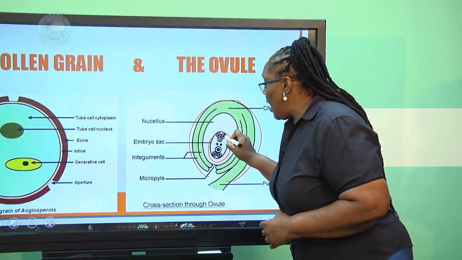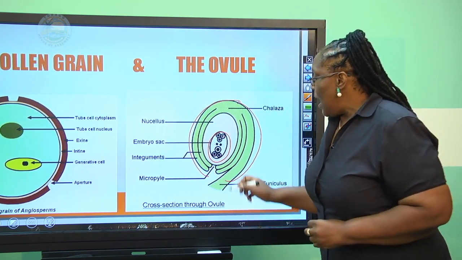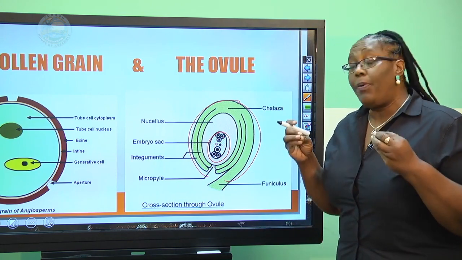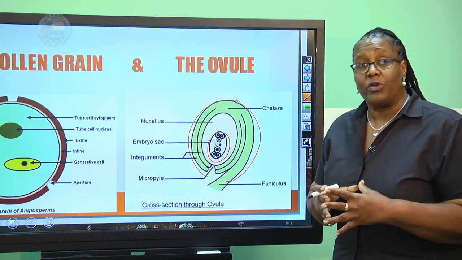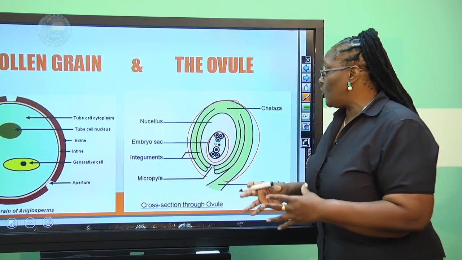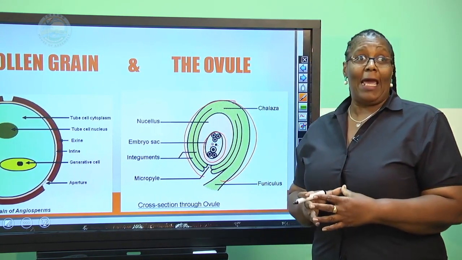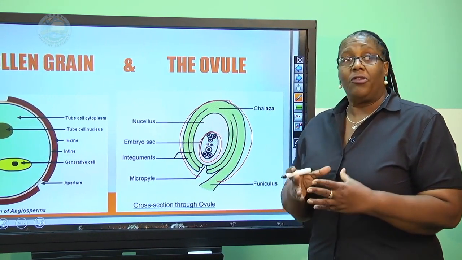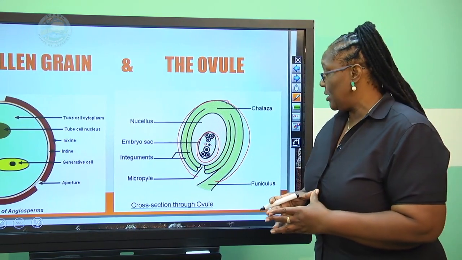These 3 here are the antipodal cells, and in the middle here we have 2 nuclei which are called the polar nuclei. They will eventually fuse. So inside of the female gamete, you actually have 8 nuclei, and they would have been produced, as we saw on the last occasion, through the process of mitosis.